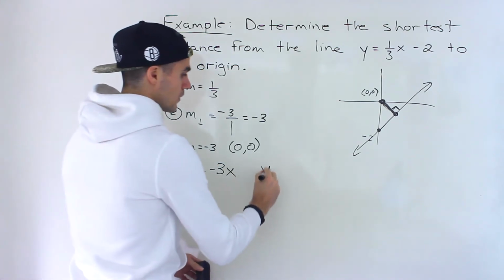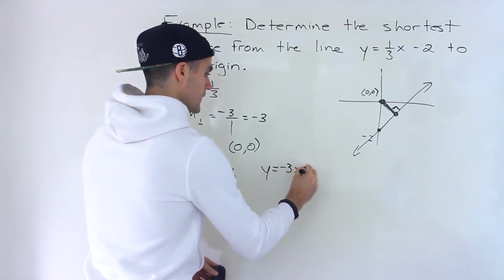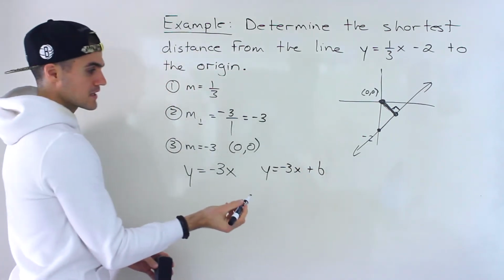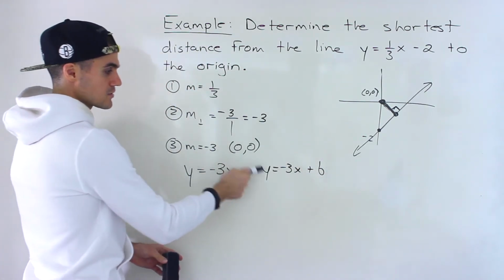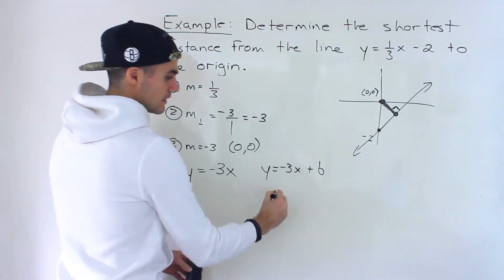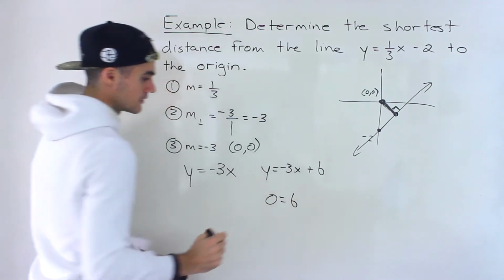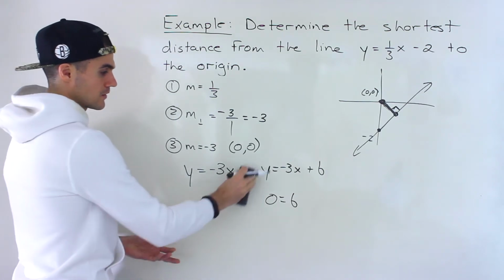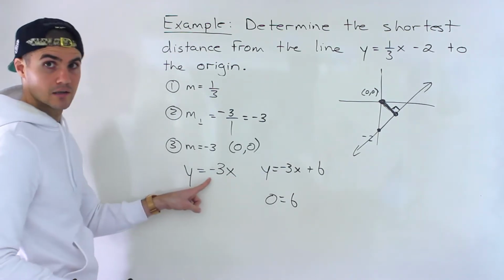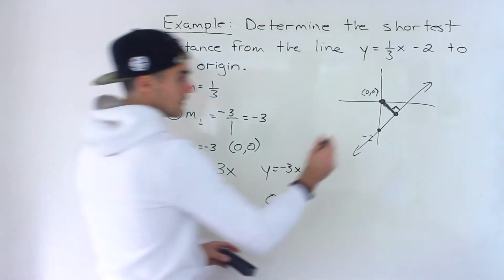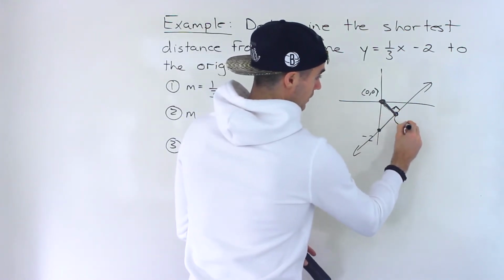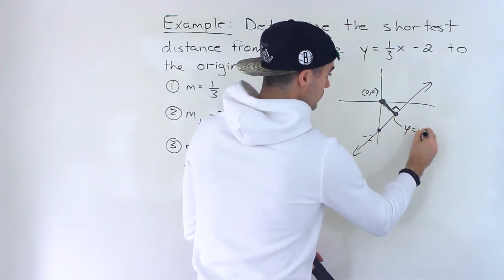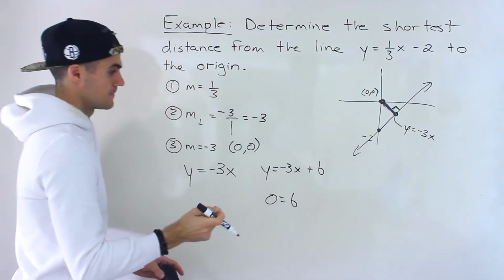But if you wanted to do all the algebra, you would do y equals -3x plus b, plug in 0 for y, plug in 0 for x, and you'd end up with b equaling 0. So there's like a -3x plus 0 over here, right? Which would just be -3x. So this line over here has an equation y equals -3x.